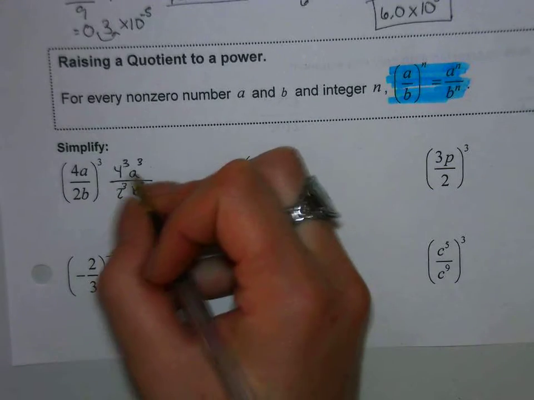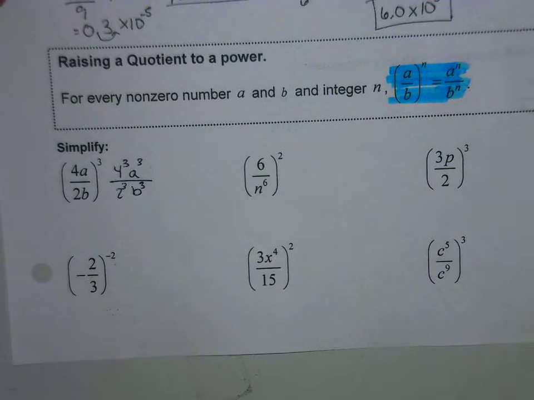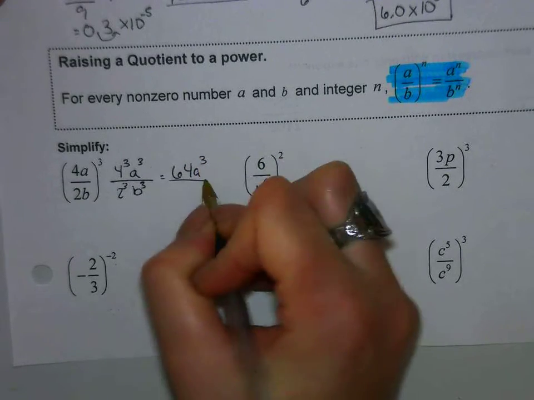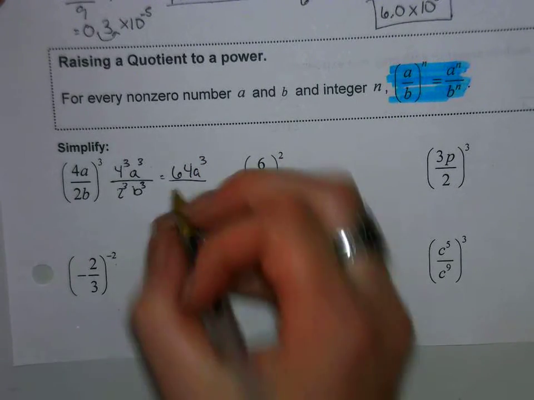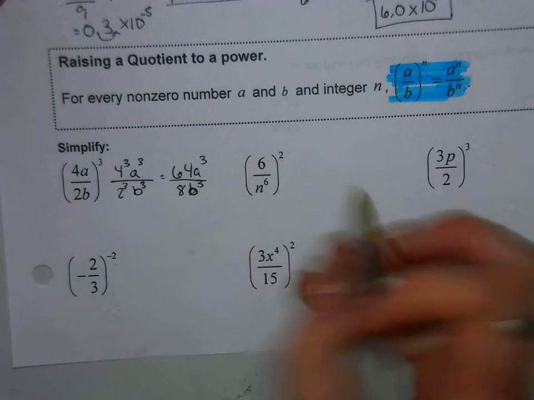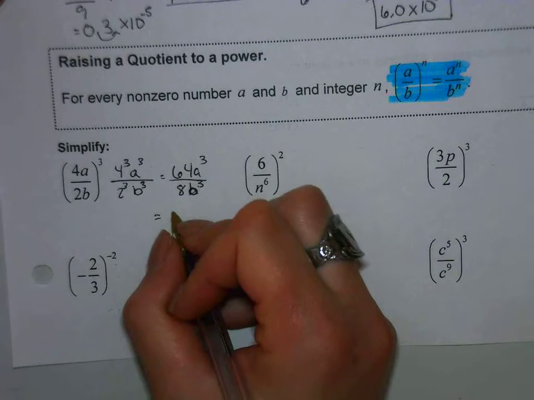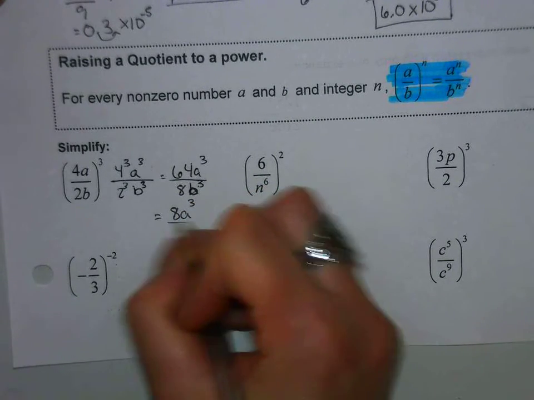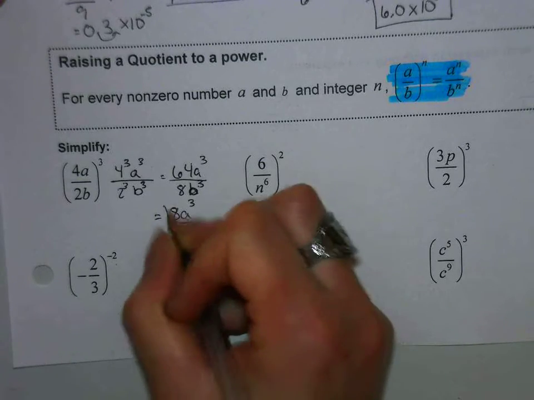Well, we have no like bases, but 4 to the third power equals 64, a to the third, divided by 2 to the third is 8, times b to the third power. So the last thing we can simplify, well, 64 divided by 8 is 8. So we have 8 times a to the third divided by b to the third power.